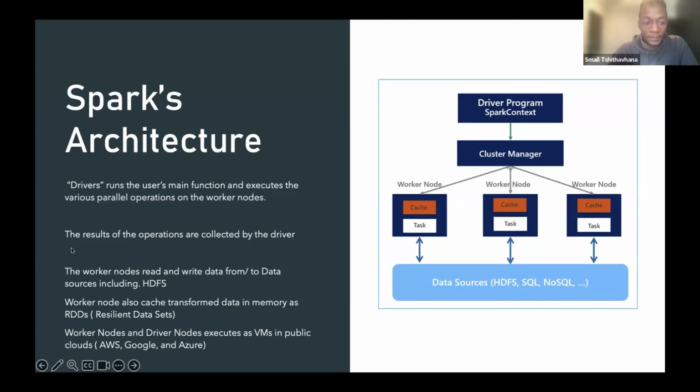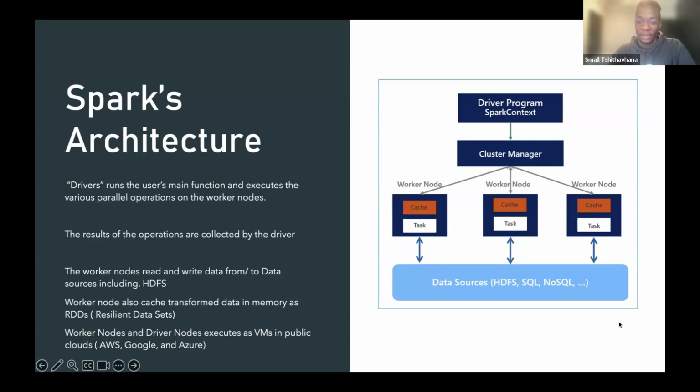It's actually good because, as in a shared-nothing architecture, each node stores its own data.